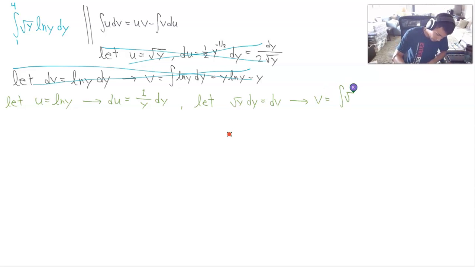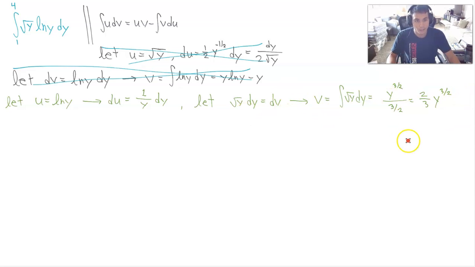We get the integral of square root y dy, and then we can see that this will become y to the 3/2 divided by 3/2. And you don't add an integration constant when you're doing integration by parts. It's really unnecessary. You can see that this becomes 2/3 y to the 3/2.